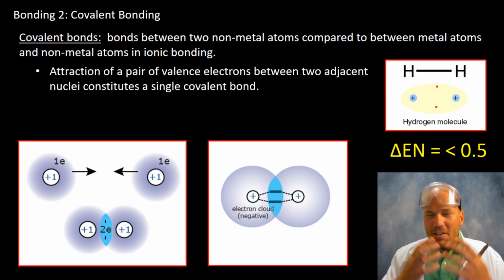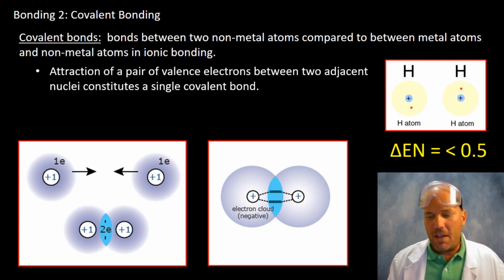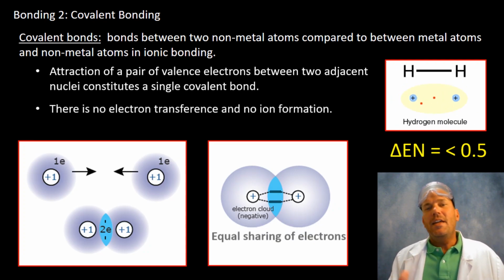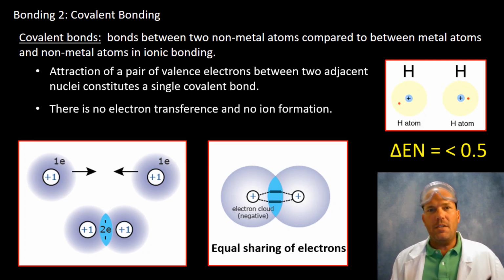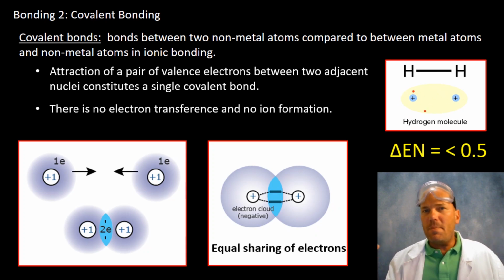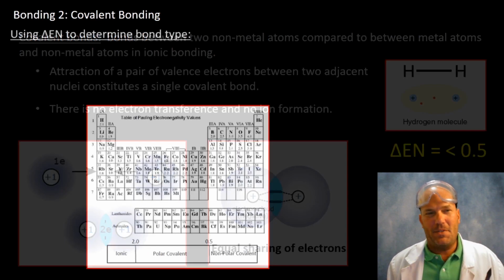So there is 0 change in electronegativity, which means that there is 0 transference, 0 ion formation, and that the electrons are being shared equally between the two atoms.